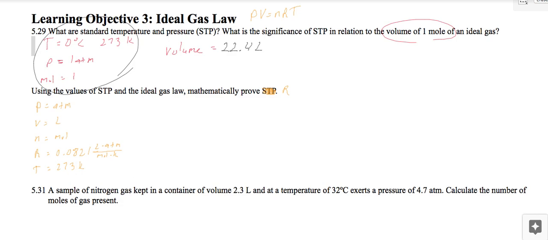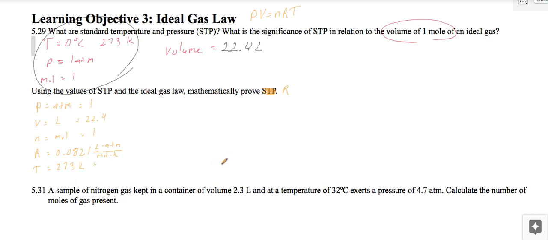Now, what the problem is asking us to do here is to mathematically prove not only that the R constant has that value, but also has that label and why that label is there, why it matters. And if we're at STP, we're looking at a pressure of 1, liters is 22.4, moles is 1, and temperature is the 273 Kelvin.